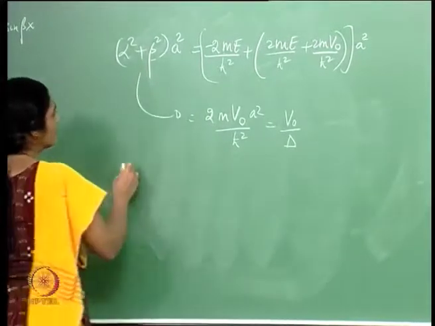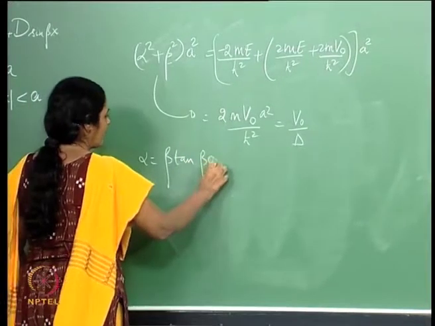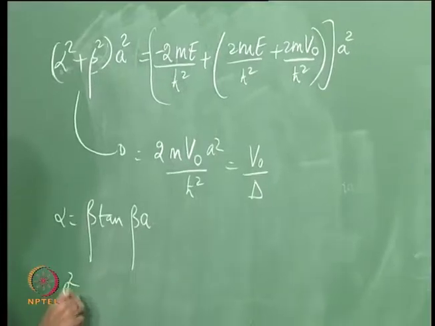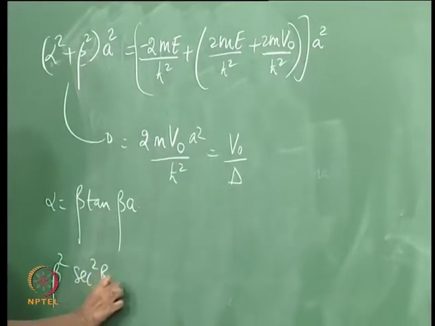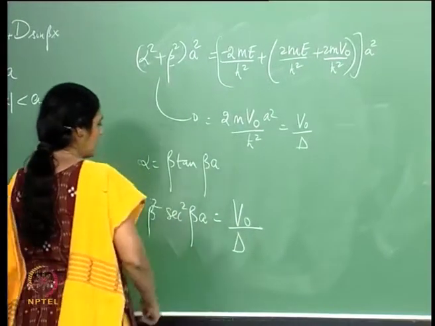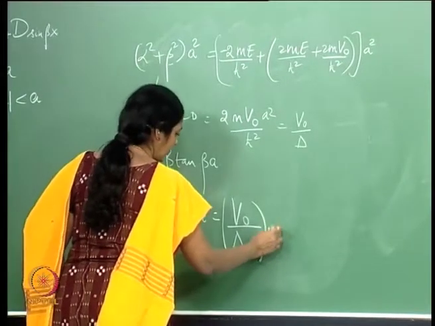So, let me substitute in this equation alpha is beta tan beta A. Now, if I did that, I have beta squared times secant squared beta A is equal to V naught by delta. There is a 1 by A squared.